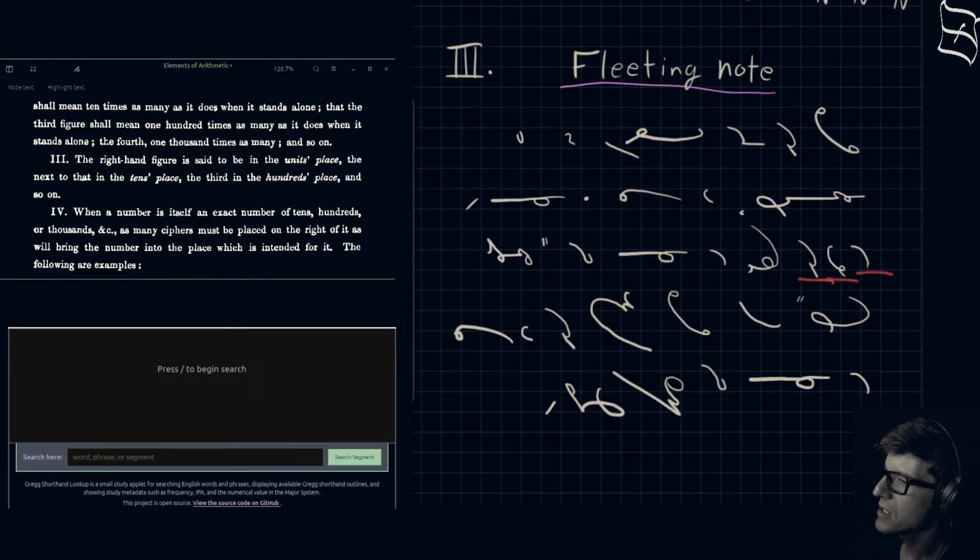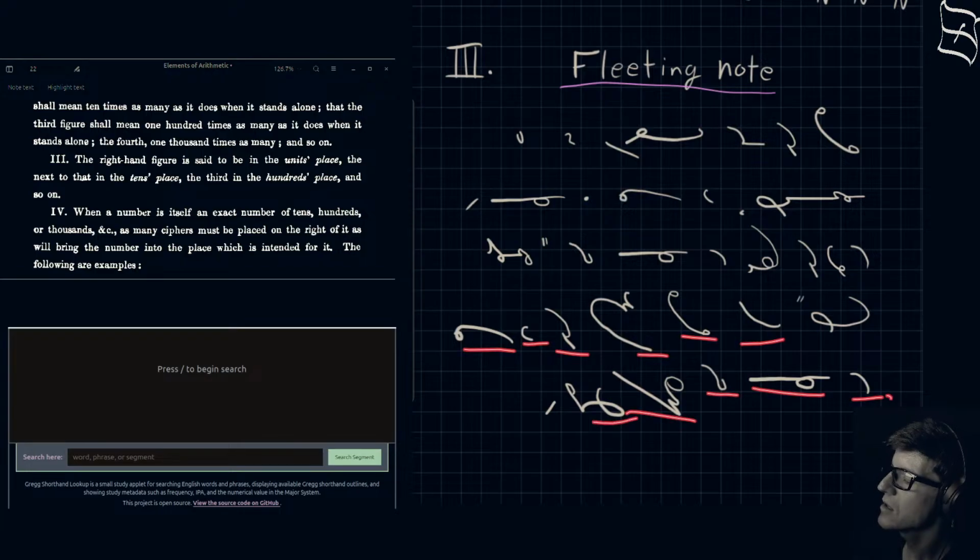The first position, and that is the right-hand figure, bears the name of the units place, okay? That's the one that's key, that it has the name of the unit. And every successive position is given the name of the associated factor.